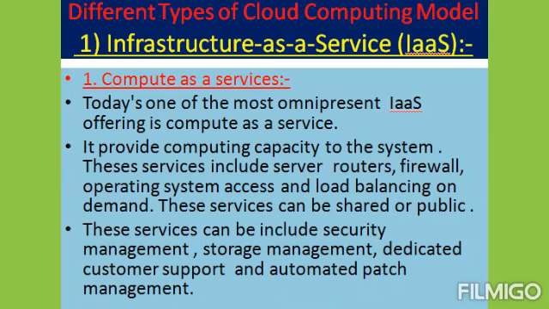Third is storage as a service. Fourth is disaster recovery and backup as a service. Fifth is desktop as a service. Sixth is server as a service. And seventh is networking as a service.